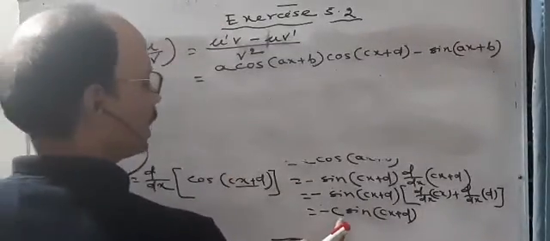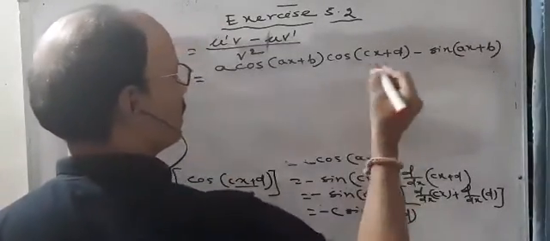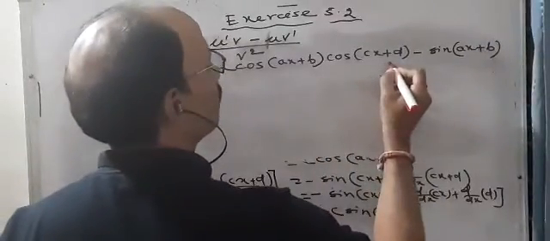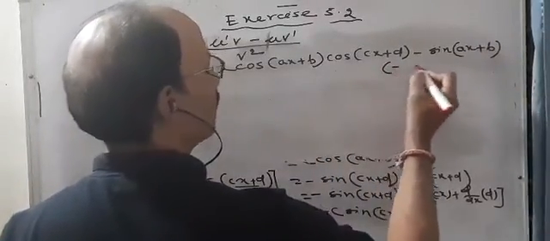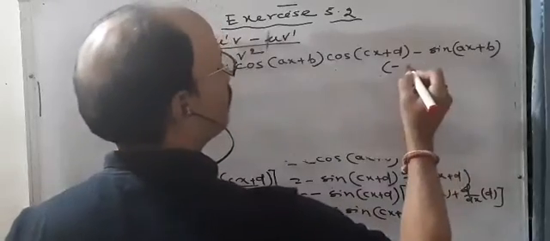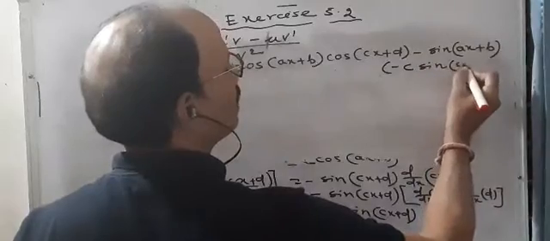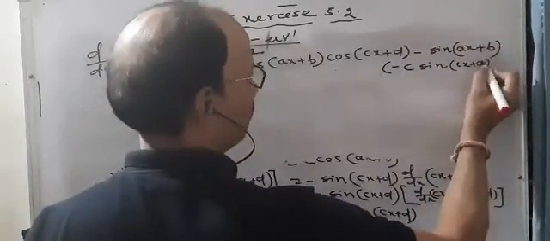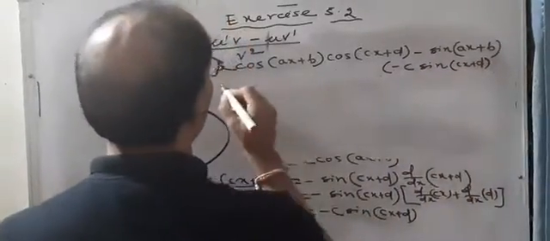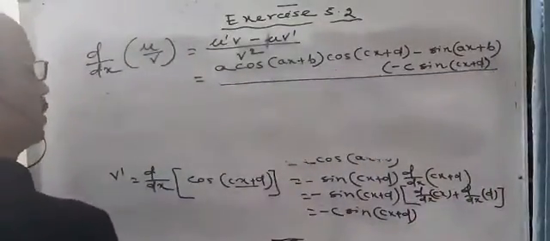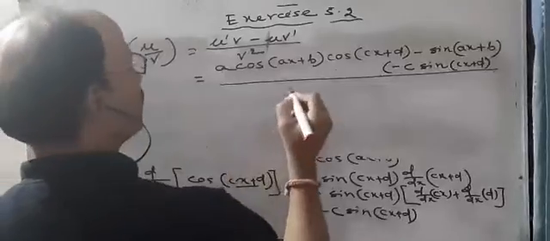So v dash will be minus c sin cx plus d. So here we may write in multiplication, that is minus c sin cx plus d upon v square. So what is v? v is cos.